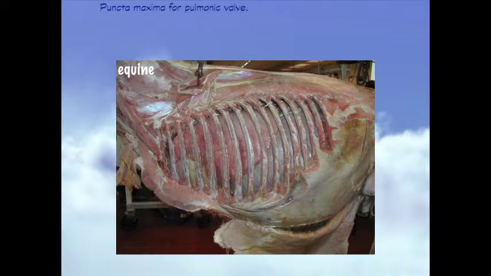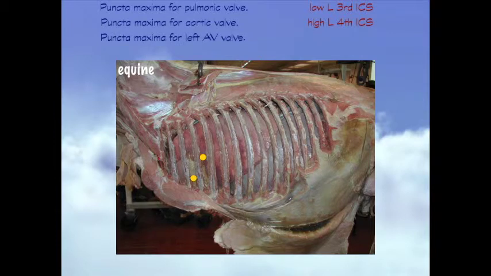Now let's take a minute and talk about the punctum maxima. In the horse, for the pulmonic valve, we want to look low in the left third intercostal space. For the aortic valve, it's going to be high in the left fourth intercostal space. And then for the left atrioventricular valve, it's going to be low in the fifth intercostal space.